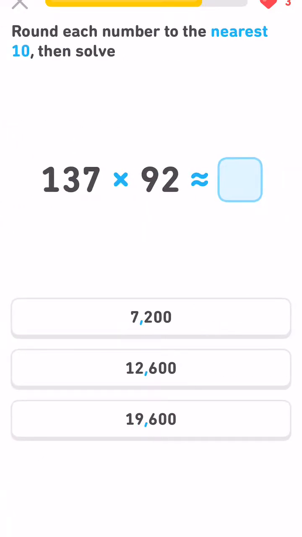Okay. Nearest 10 and solves. We have 140 times 90. 12,600.